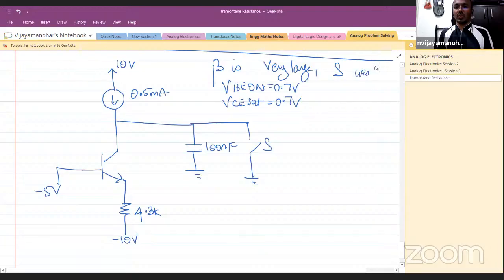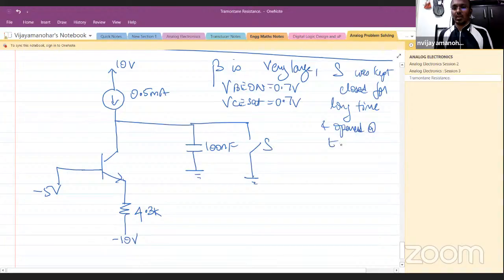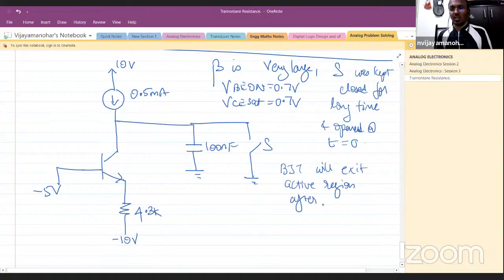S was kept closed for a long time and opened at t equal to 0. BJT will exit active region after what millisecond? This is the question.